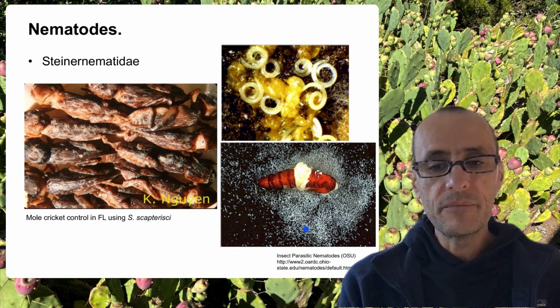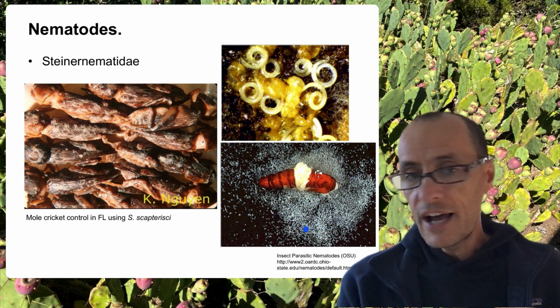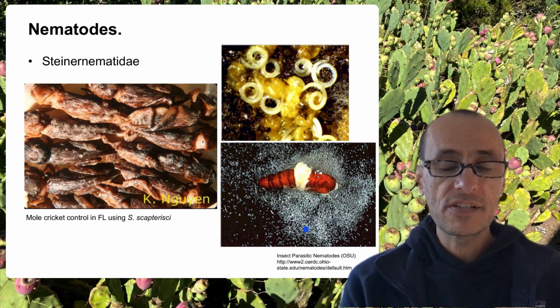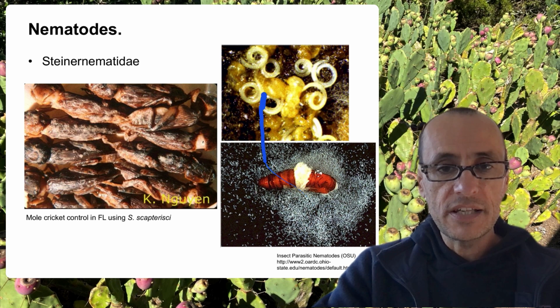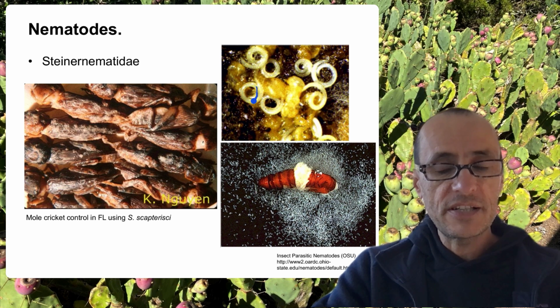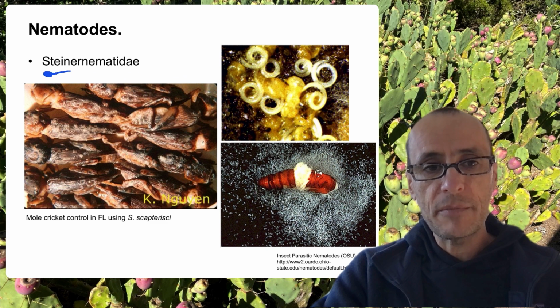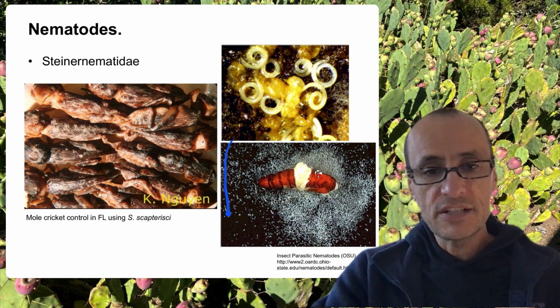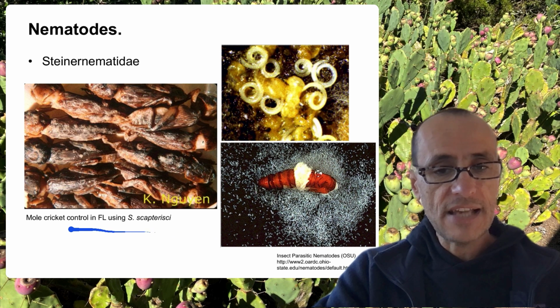There are nematodes that are not insects that can also act as biological control agents. Nematodes are basically these long filamentous worms, either in the family Steinernematidae here, or in a different family that I'll talk about in a second.